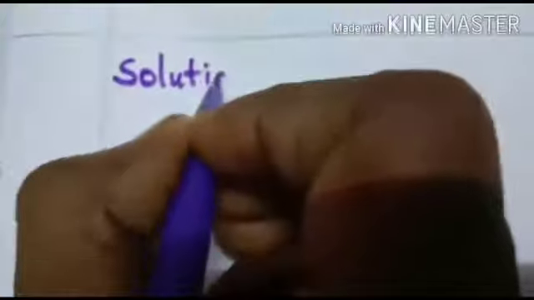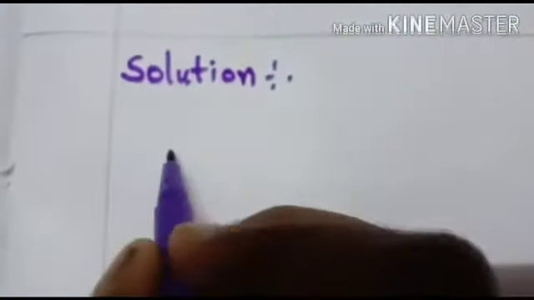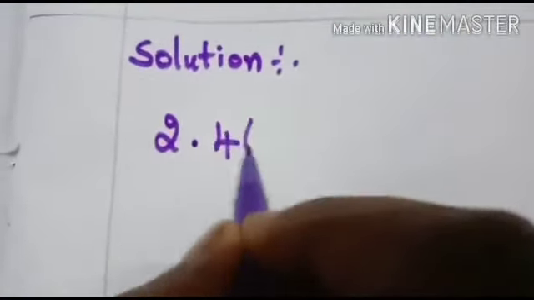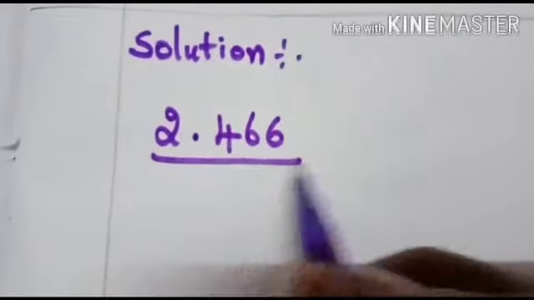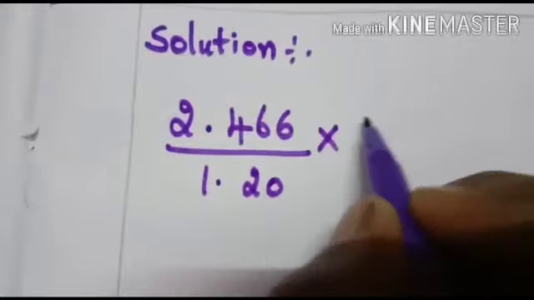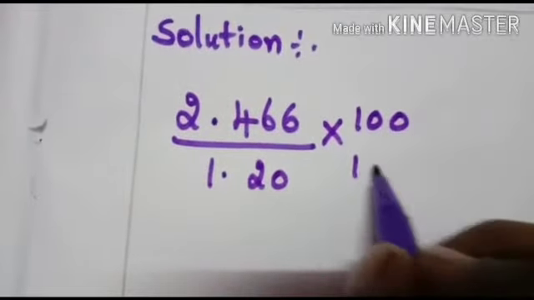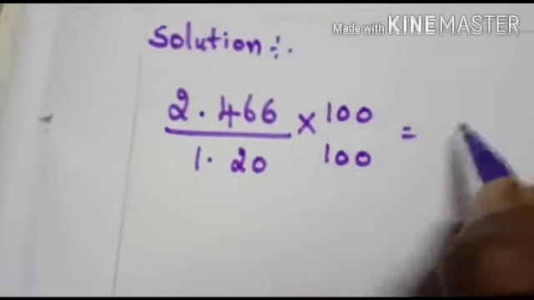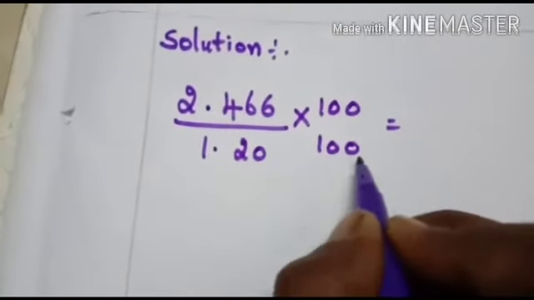Solution. 2.466 divided by 1.20. We have to multiply both the numbers by 100. So here we multiply by 100.